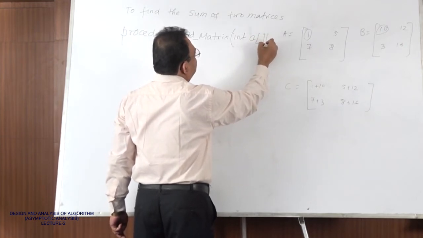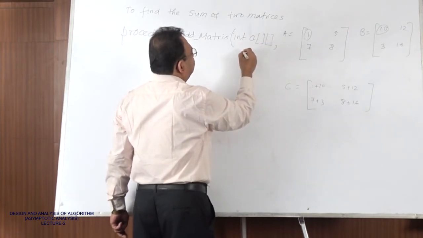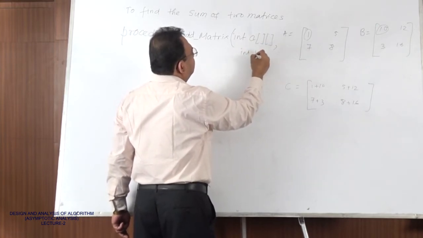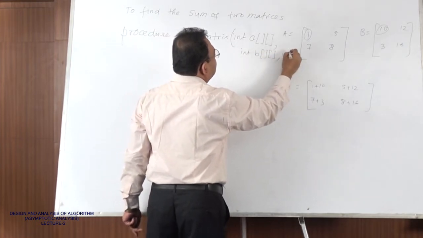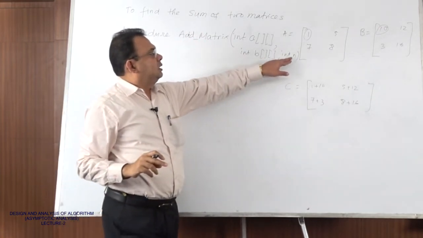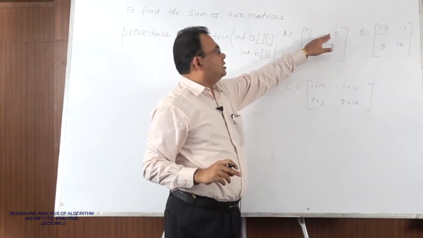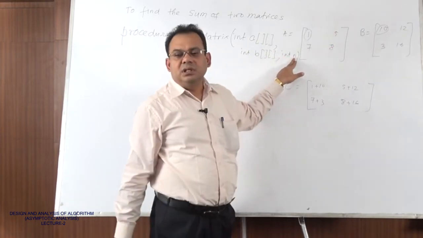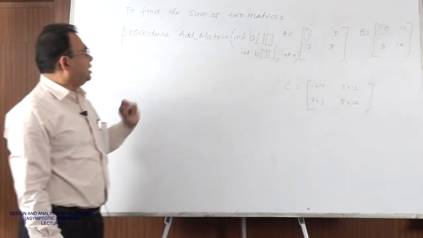The row and column sizes will be specified from the caller, and B is also a 2D array, and int n, where n is the dimension of the matrix. I am considering the square matrix for simplicity, so the matrix will be n by n.